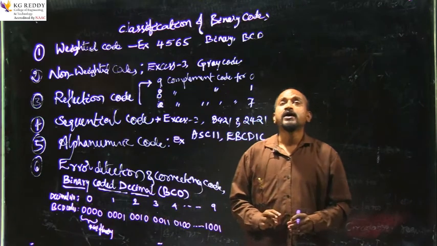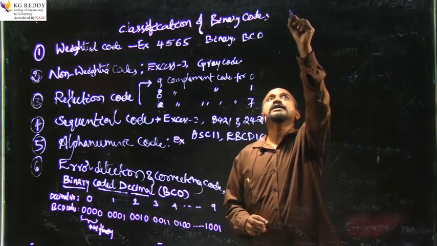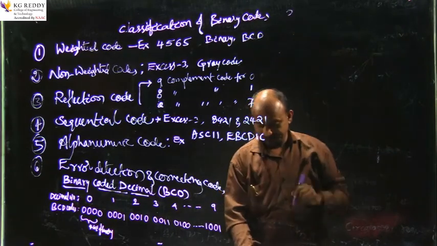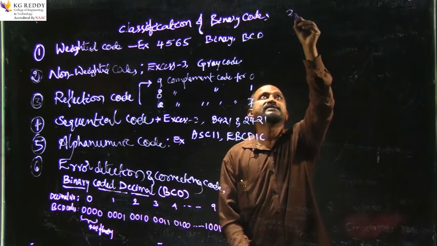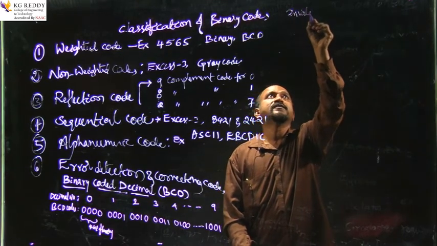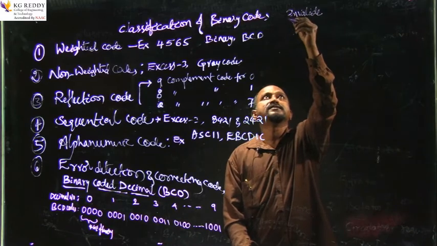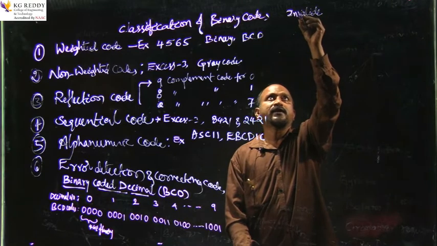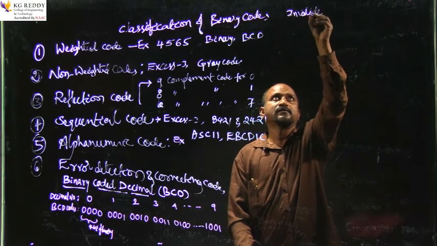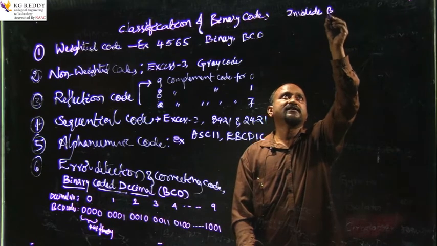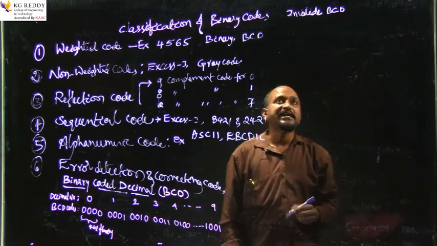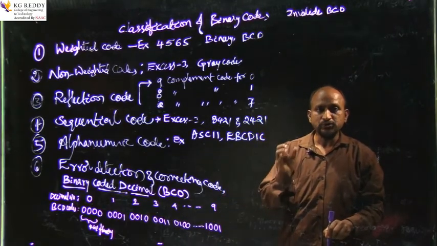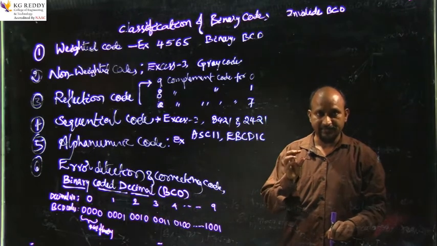And what is the invalid BCD? As I told you, in the BCD, each digit should possess 4 bits of binary.